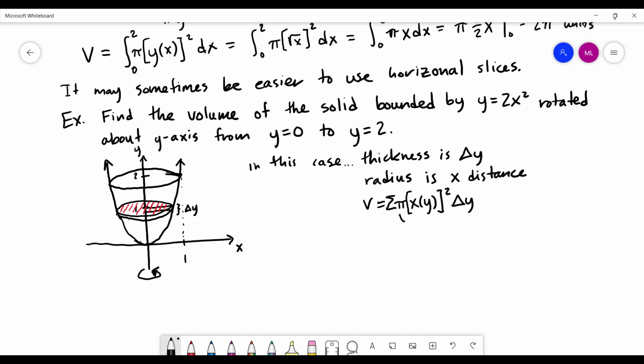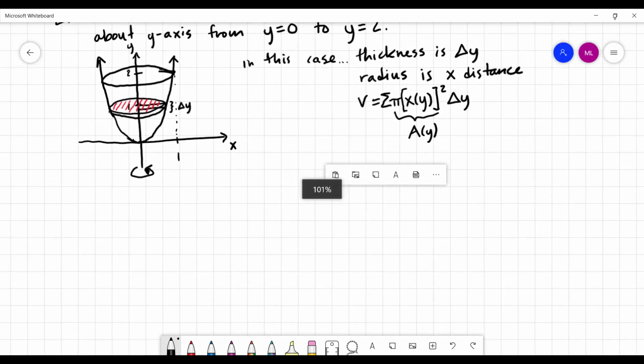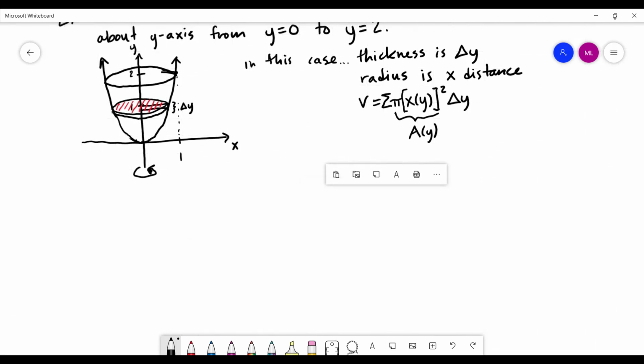So again, here's our A of y times delta y. Our radius now is a function of y, and therefore our area is going to be written as a function of y. And we can go through the exact same procedure. Take the limit as n goes to infinity, change it from an approximation to something that's exact.